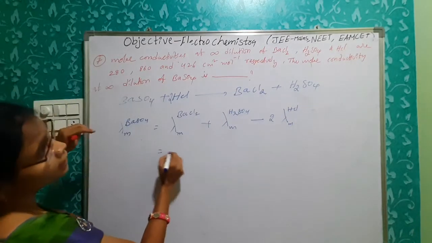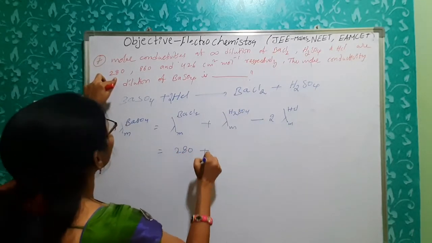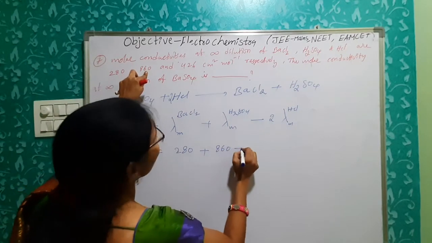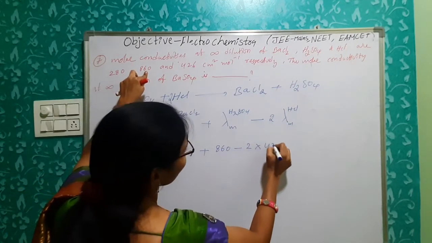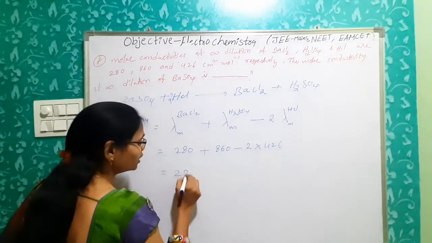So molar conductance of barium chloride is given as 280 plus H2SO4 860 minus 2 into 426. By calculating this, we will get 288.